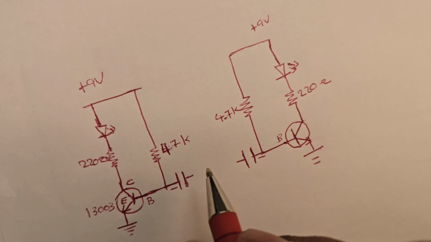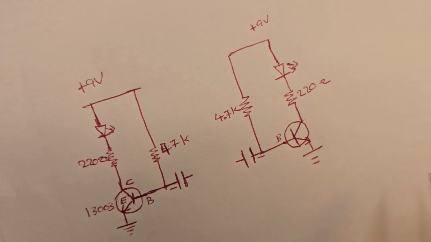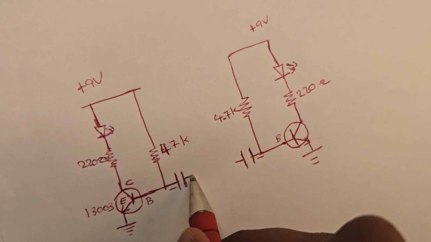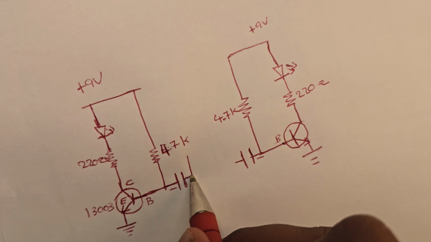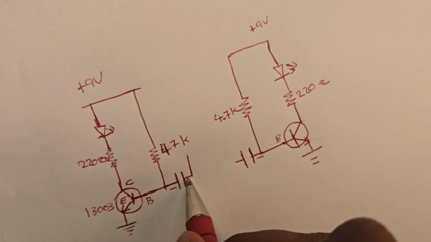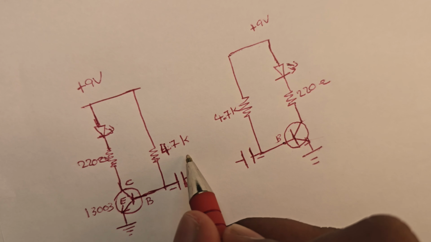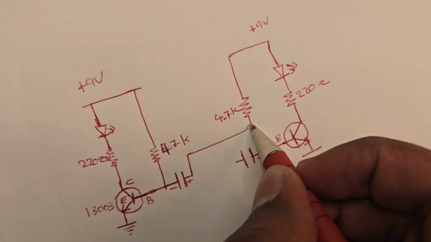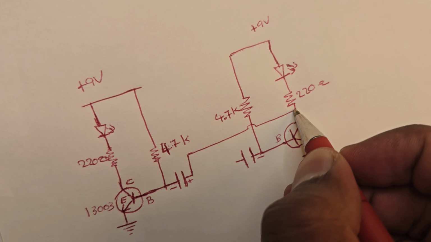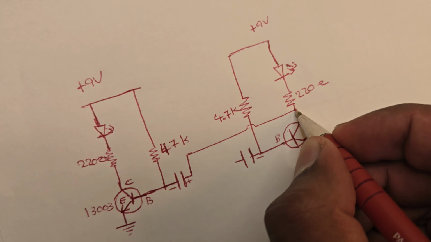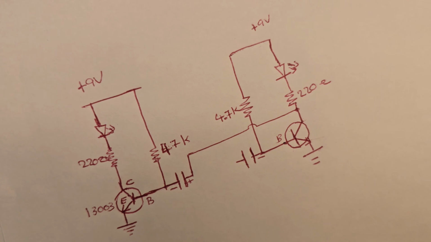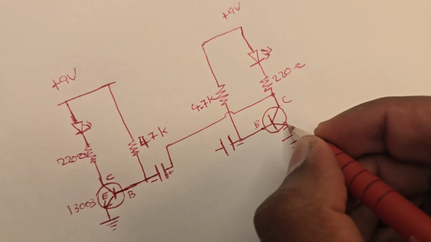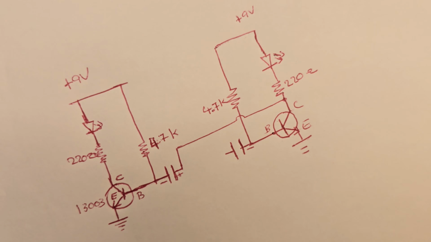Now, to flash the LEDs one by one, I'm connecting the positive end of the capacitor to the collector of the transistor of the other circuit. This is collector, emitter, base.